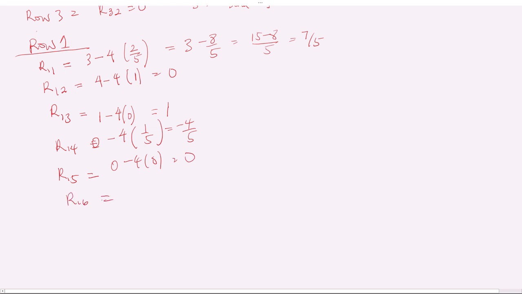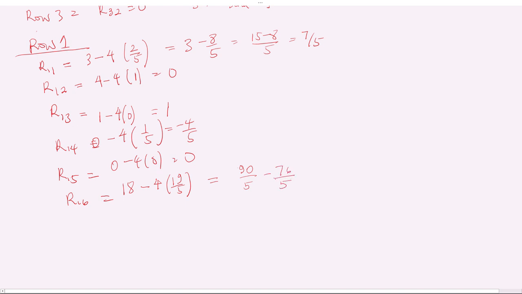R16 equals to 18 minus 4 into bracket 19 over 5, right? So this gives us 18 times 5, 90, minus 76 over 5.